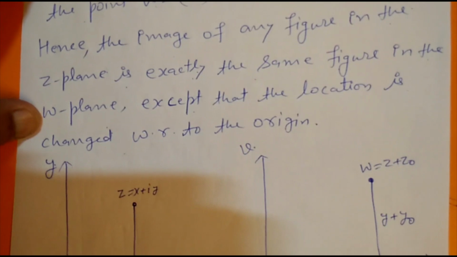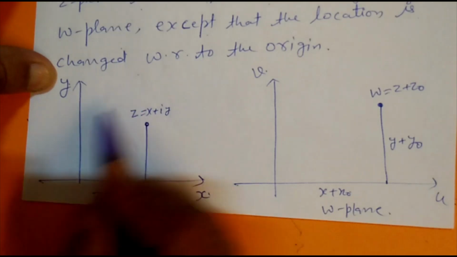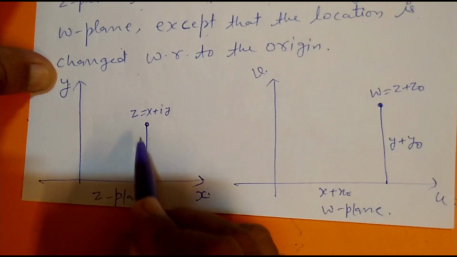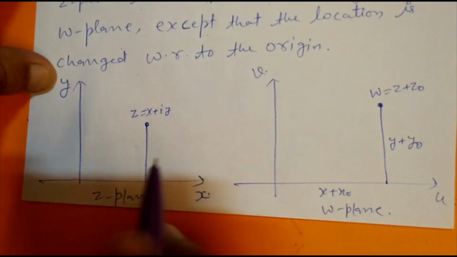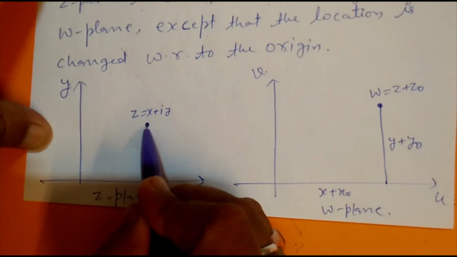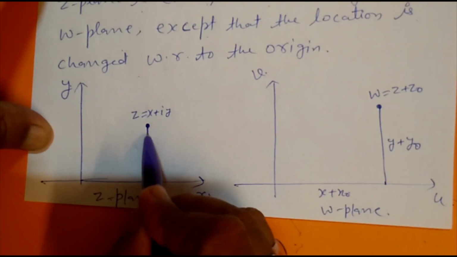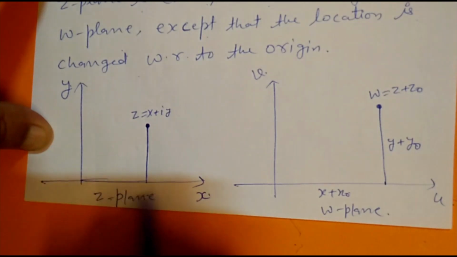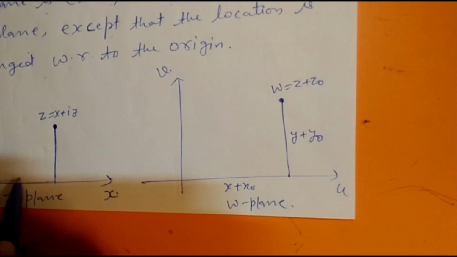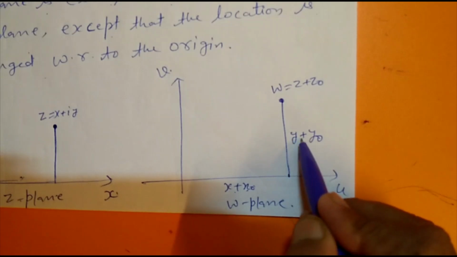That is, if we locate the point z in the z plane, then z is equal to x plus iota y, because this distance is x and this distance is y, so this is a point in the z plane, and this point transforms into the w plane, because x transforms into u is equal to x plus x naught, and v is equal to y plus y naught.